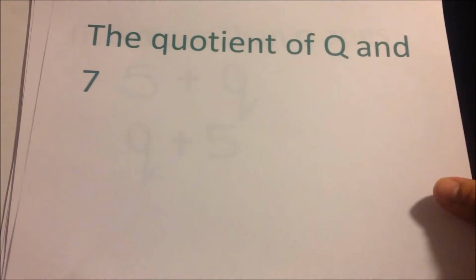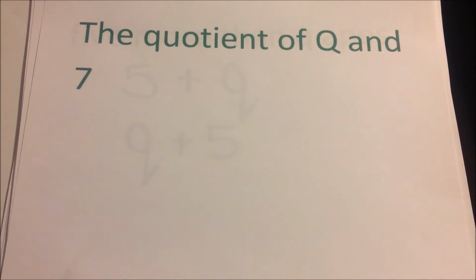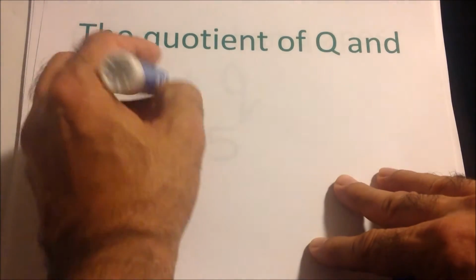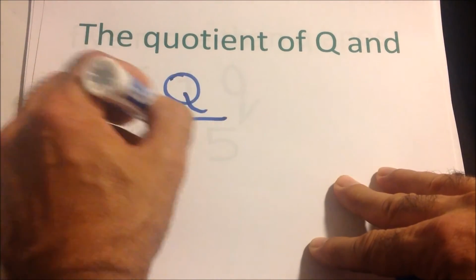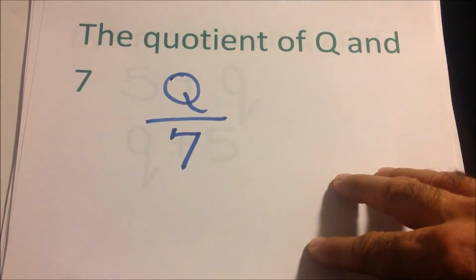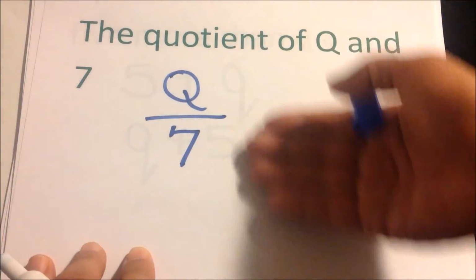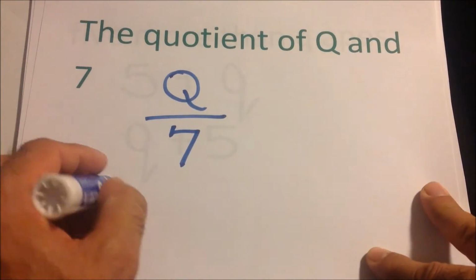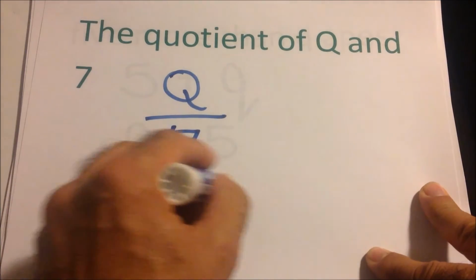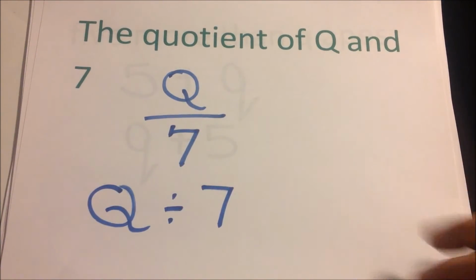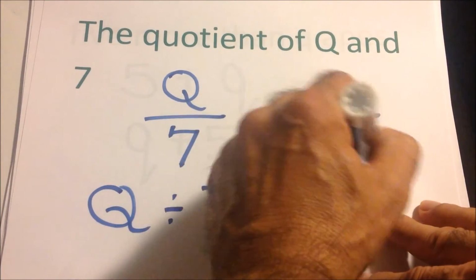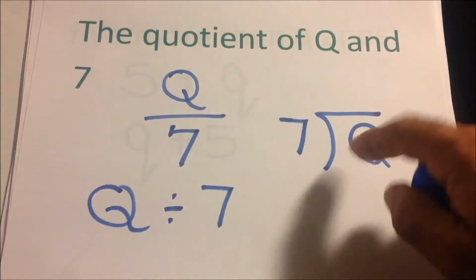How would you write that expression? The quotient of q and 7. It's division, right? There we go. You can make it a fraction like that. You can put the division sign if you want. You can even put it in the box. There we go.